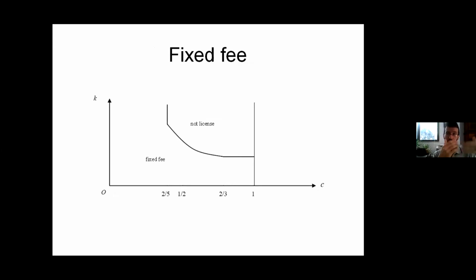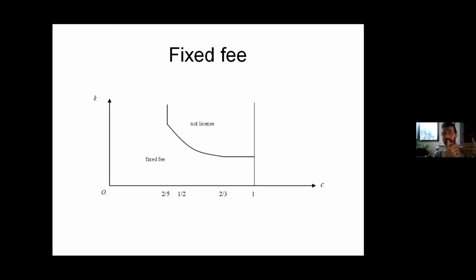Here the comparison is a bit more tricky, but what we have basically is that when the marginal cost is sufficiently low, then a positive fixed fee is always better than not license. When the marginal cost is sufficiently high, then fixed fee is better than not license only if K is sufficiently low.